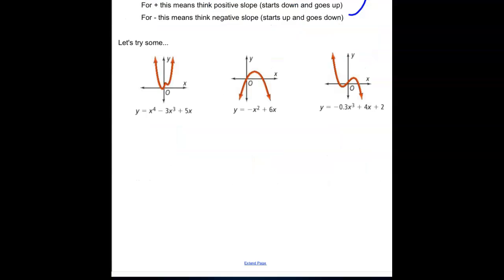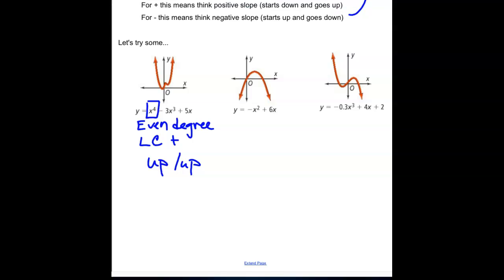So let's try a couple. For this first one, I've given you the shape of the graph, but you wouldn't even have to have that. If we focus just on this leading term, it is in standard form, so we're taking that first term. It has an even degree, and the leading coefficient is positive. So both arrows are pointing up, so we would refer to that as up, up.